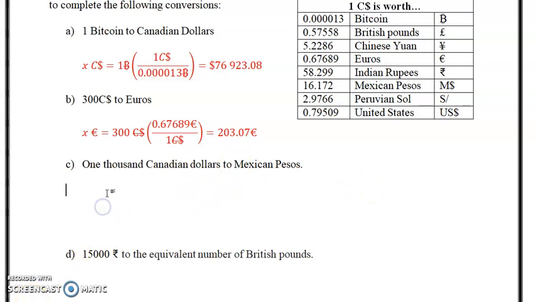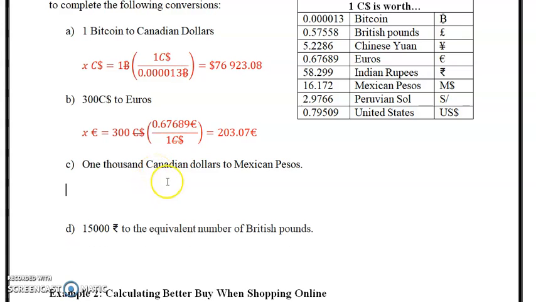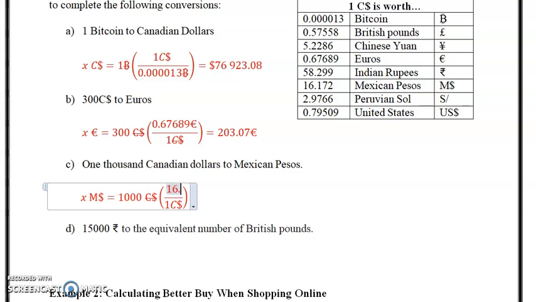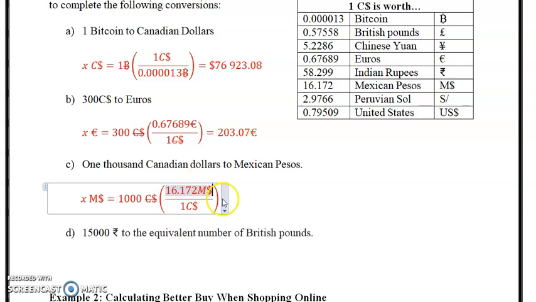The next we have 1,000 Canadian dollars to Mexican pesos. So we write X Mexican pesos is equal to 1,000 Canadian dollars. And we know that, as of April 1st, which is when I got these numbers, 1 Canadian dollar is equal to 16.127 Mexican pesos. So the Canadian dollars divide, right?